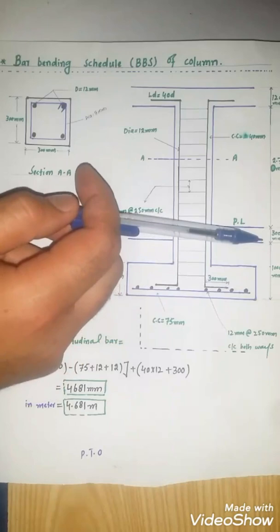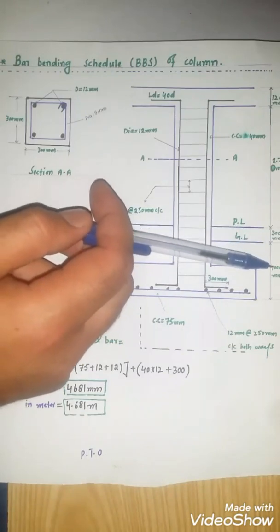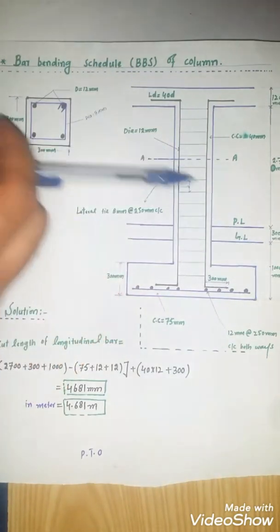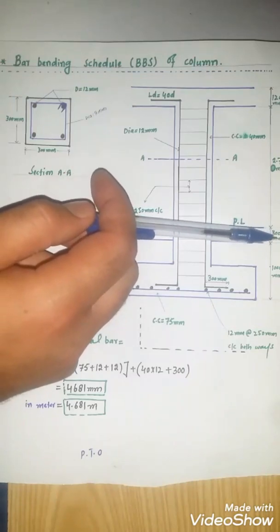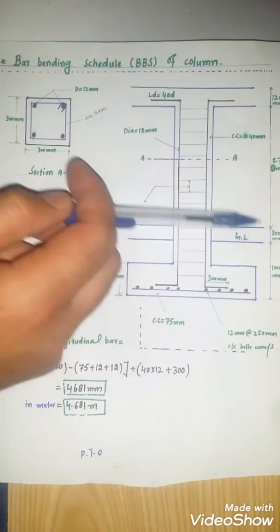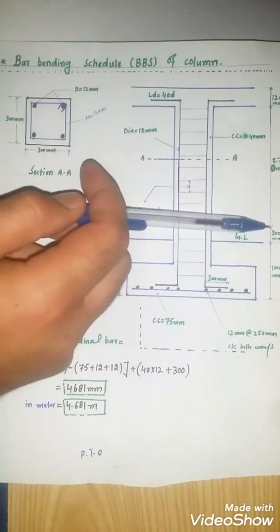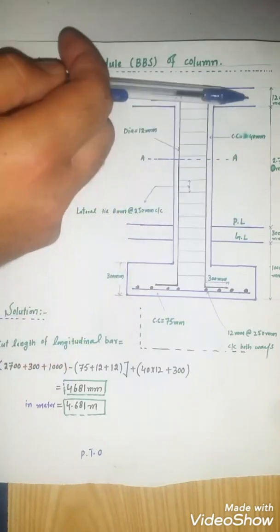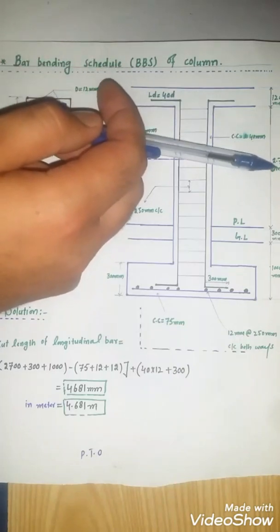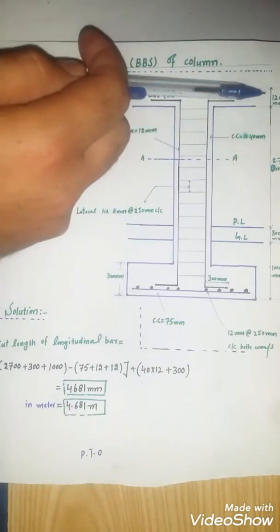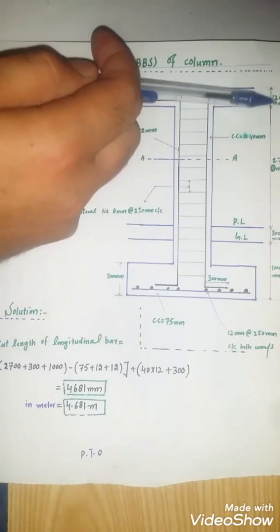From footing to ground level, this height is equal to 1000 millimeter. And the depth of the plinth beam is 300 millimeter. From plinth level to slab, this height is equal to 2.7 meter and the thickness of slab is 120 millimeter.